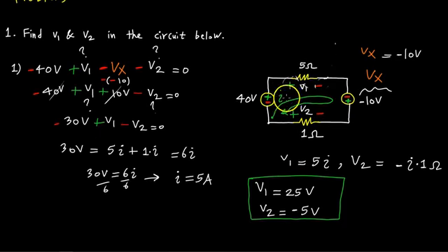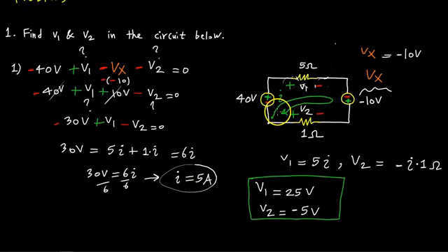So how do we go about that? We know that the current's going in this direction, and my answer was positive. What that means is that the current is actually flowing in the direction that I originally specified. Here's another nuance that is important to follow. If I have the current indicated as going in this direction, and my answer comes out positive, it means that it agrees with reality.